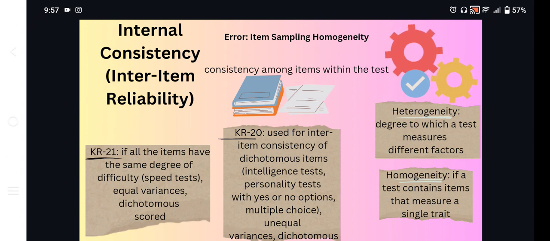Internal consistency is a measurement for stable traits. If all items measure the same construct, then it has good internal consistency. Useful in assessing homogeneity. Homogeneity if a test contains items that measure a single trait, or unifactorial.